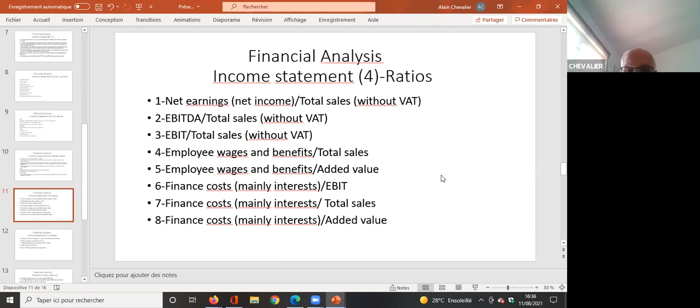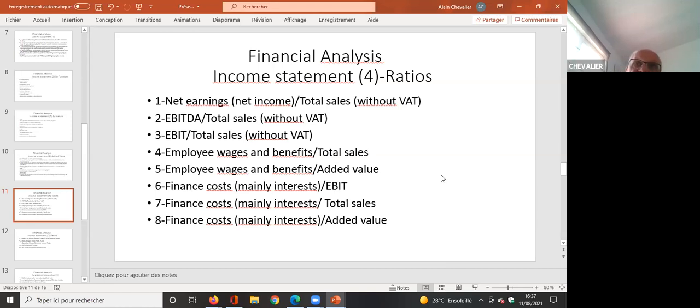Of course, financial costs, which are mainly interest here, are also compared to the EBIT, to total sales, or to the added value, same system, and give you an idea of what is brought to banks, mainly on the value creation of a firm.